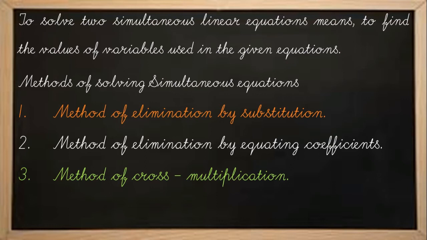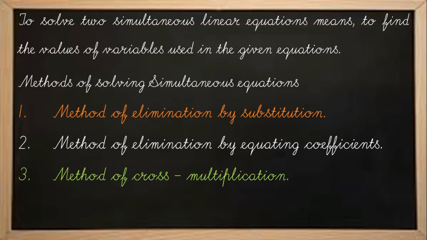Now make a note of one point very clearly, children. If in the heading or in the question it is asked to solve by using a specific method, then you don't have an option to choose your own method. The solution should be calculated only by using the method indicated in the question.